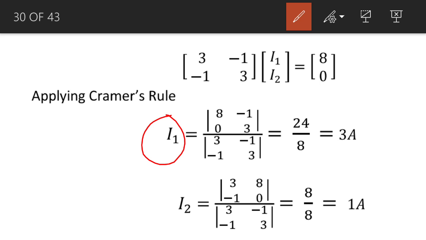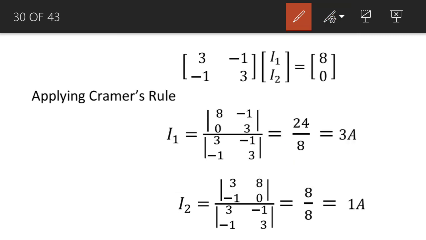And I1 is equal to 3 ampere. So what we do, we replace the first column of the R matrix by E1 and E2. The second column remains unchanged. We divide this determinant by the determinant of the R matrix, and the determinant of the R matrix is 8. So anyhow, the current I1 is 3 ampere.